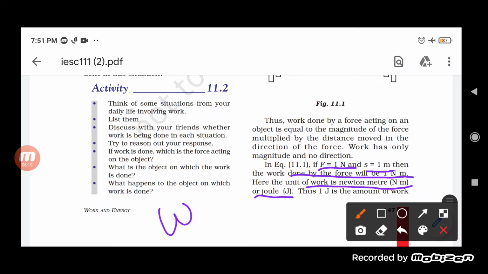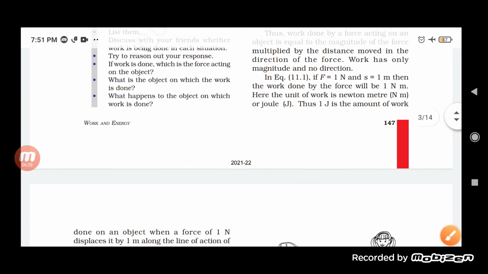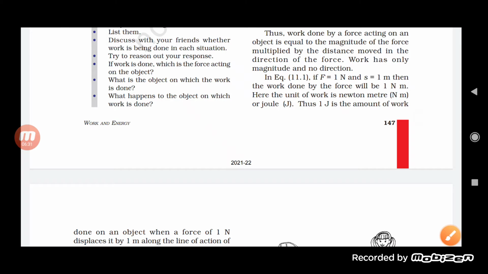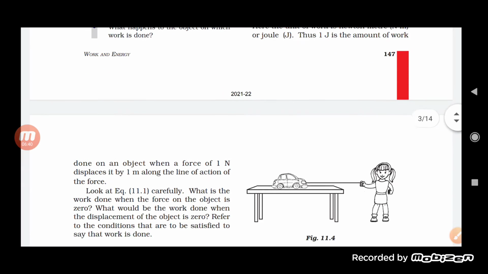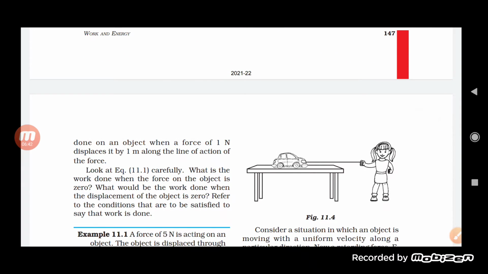It means work can be represented as Newton meter, or as joule. Similarly, we can also define joule. Joule is the amount of work done on an object when a force of 1 Newton displaces it by 1 meter along the line of action of the force.